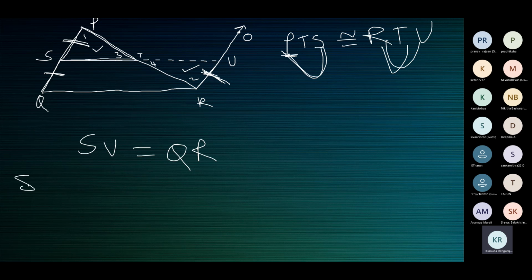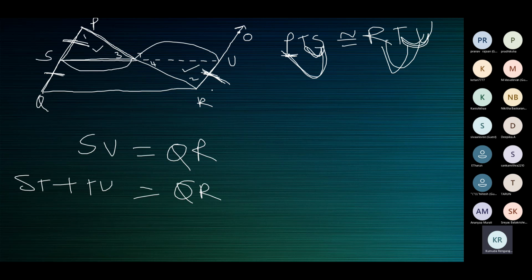SU is ST plus TU, which is equal to QR. You can't do anything with QR. But you know that TS is equal to TU by CPCTC. So TS is equal to TU.